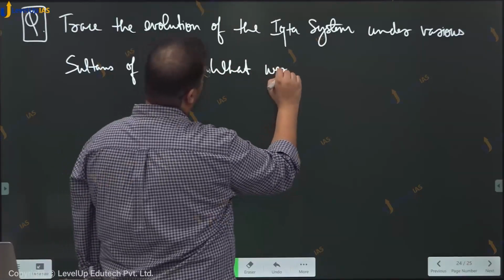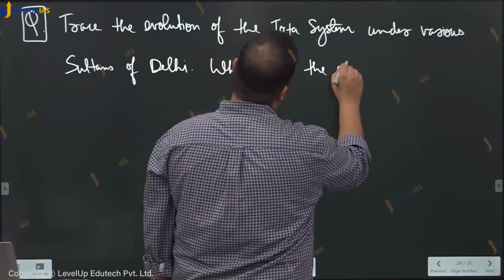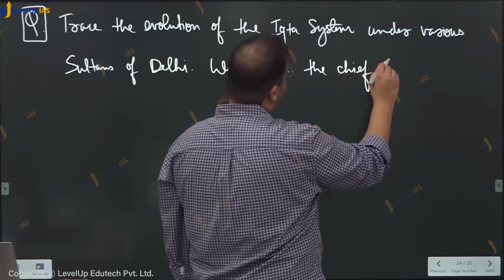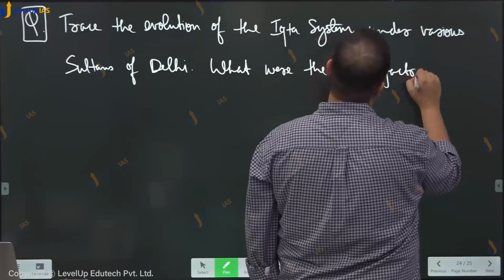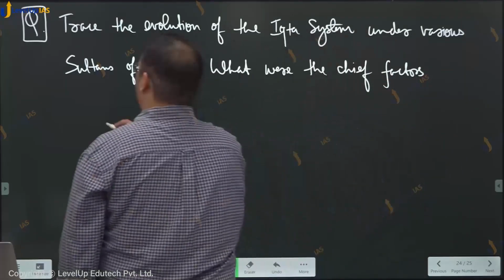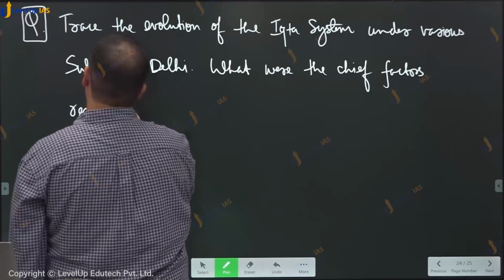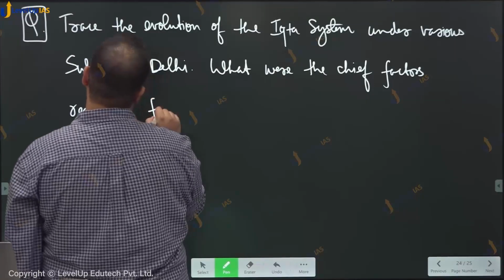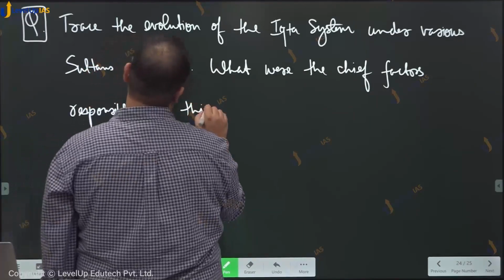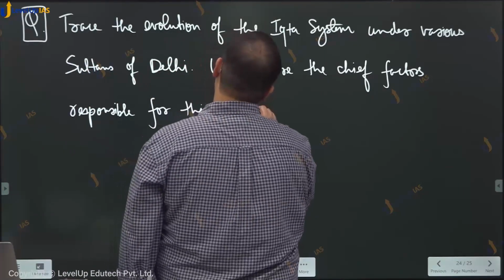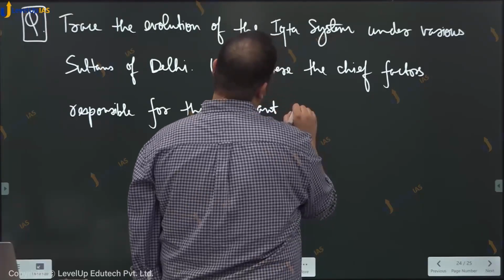What were the chief factors responsible for this constant evolution?